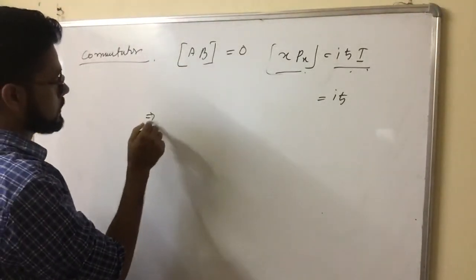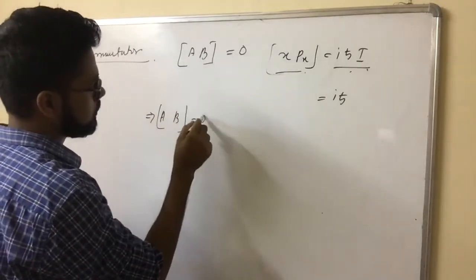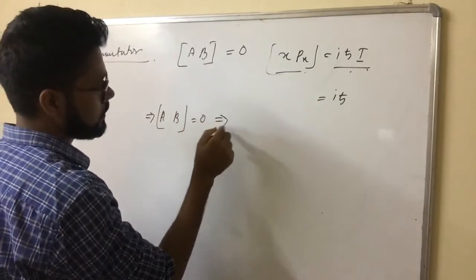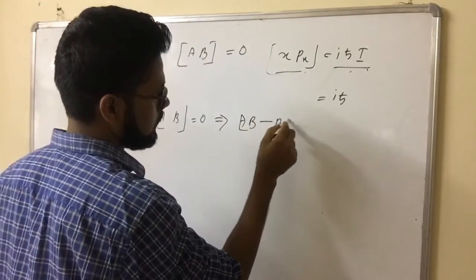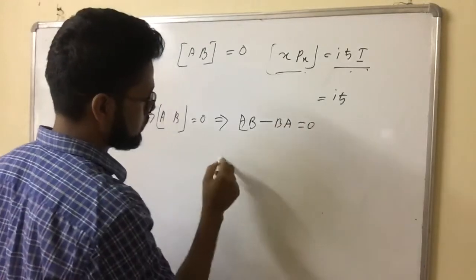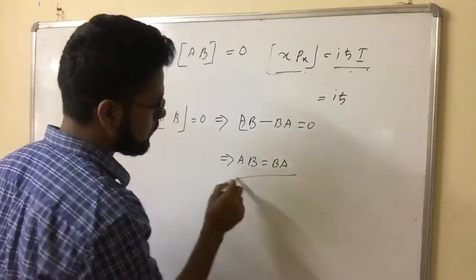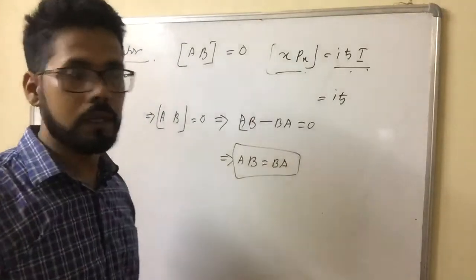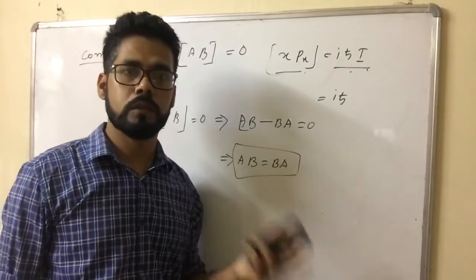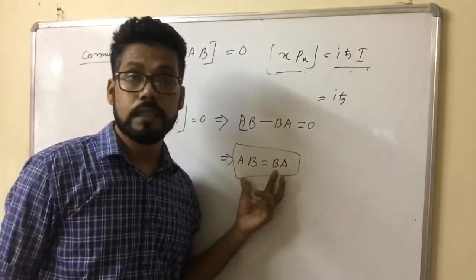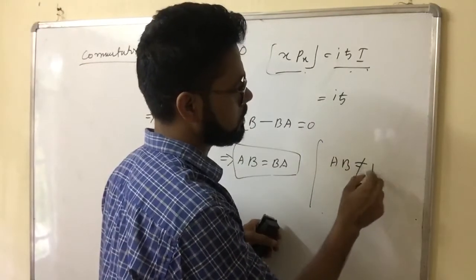Another meaning: commutator AB equal to 0 means what? Commutator relation AB means AB minus BA equal to 0. So that means AB equal to BA. Normally, this is nothing but a matrix product. A and B are operators, and operators mean matrices. Normally in matrices AB is not equal to BA.